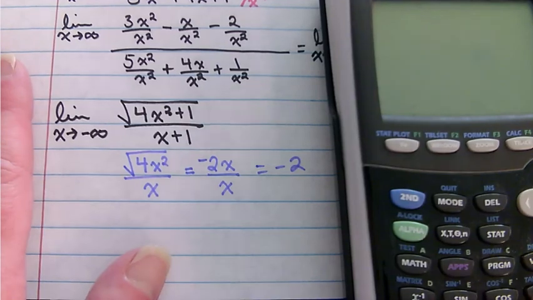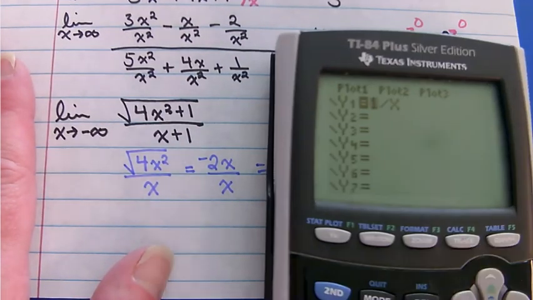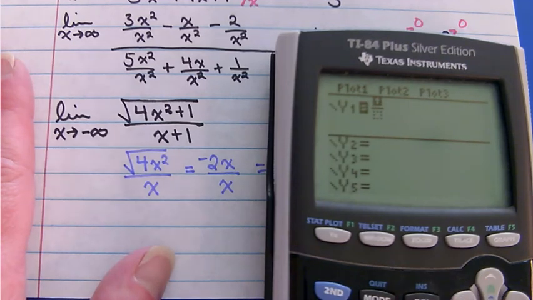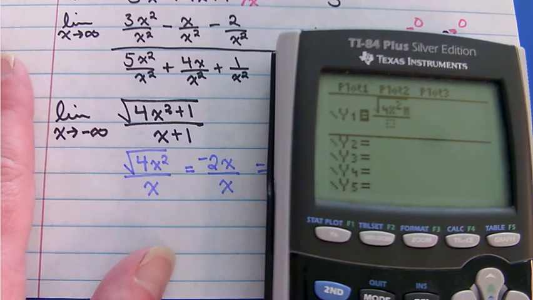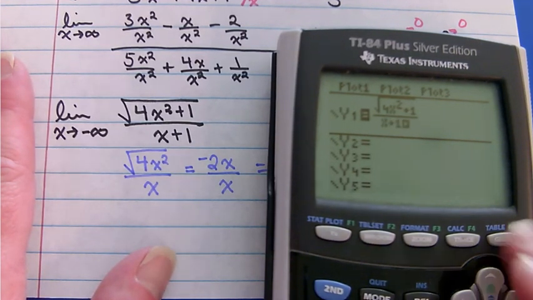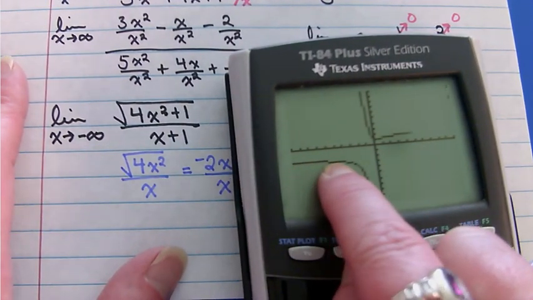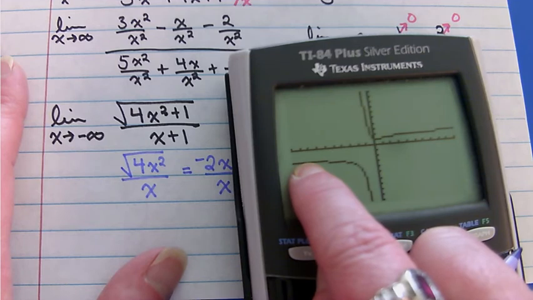Let me prove that. Square root of 4x squared plus 1 over x plus 1. Let's look at the graph of this one. Do you see how it's going to -2 over here?